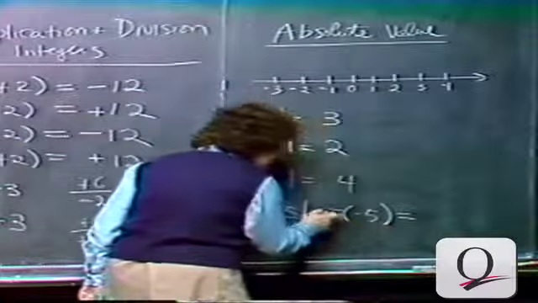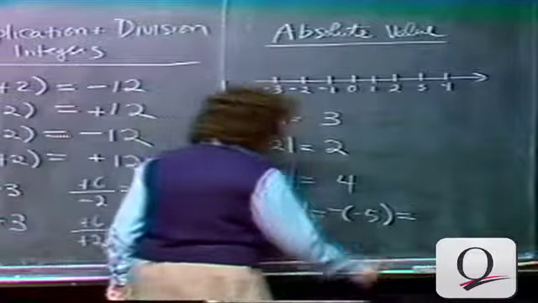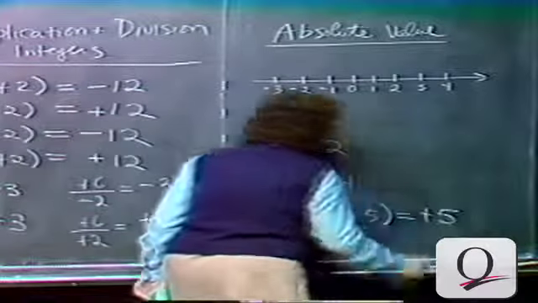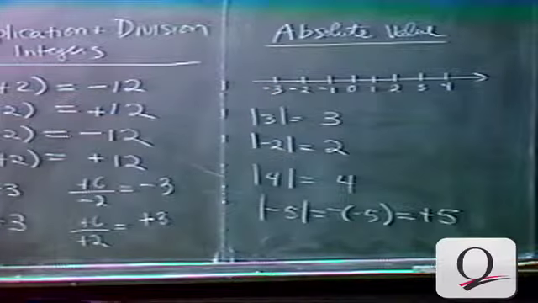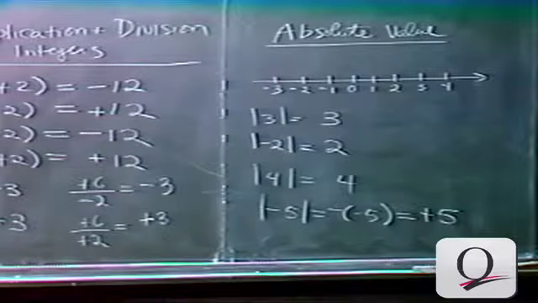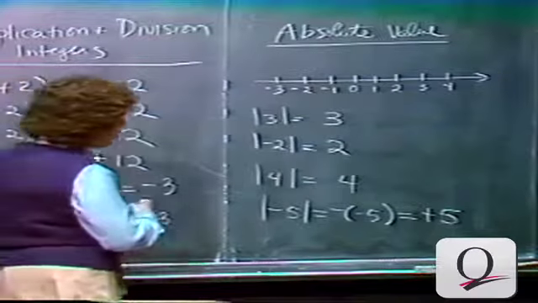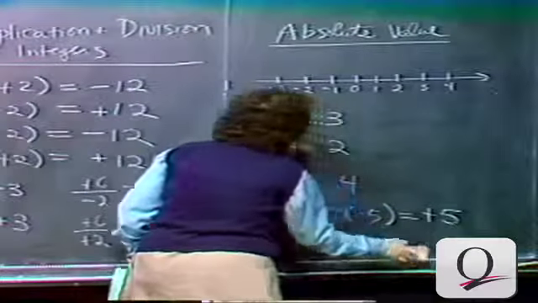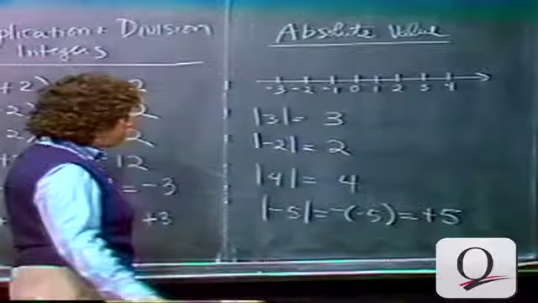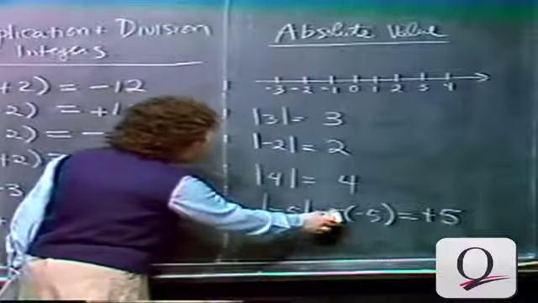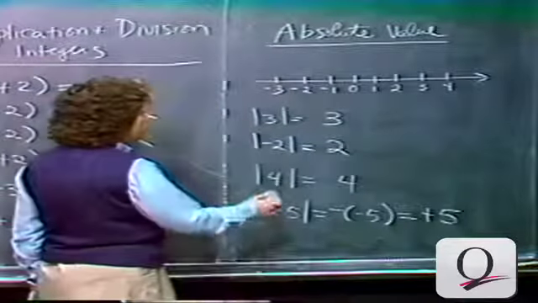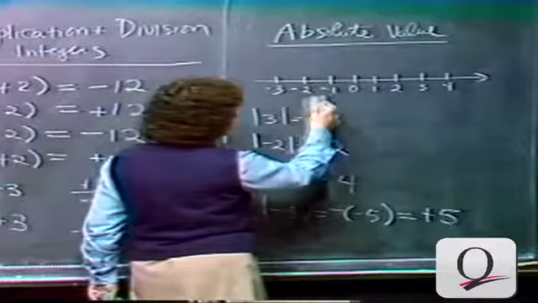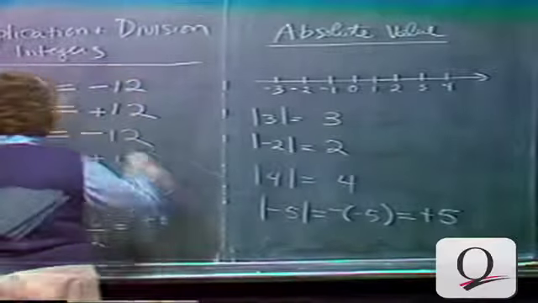That is, we take the opposite of the minus 5, and that comes out to be plus 5. So for positive numbers or 0, the absolute value is the same as the number that we started with. For negative numbers, we will put a minus sign in front of the number to achieve the effect of giving us the distance of the number from 0.